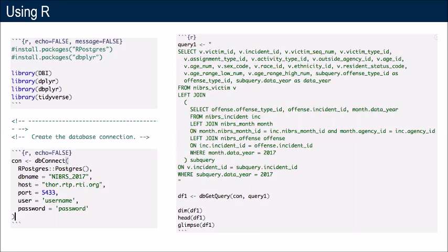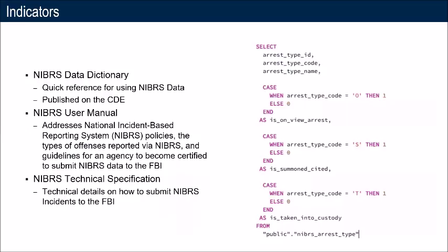I should have made that random. I didn't. Now you know my password. But once you have that connection, you simply use dbGetQuery to put your connection and your query together, and that returns a data frame that you can then use to join your results. And so the biggest deal with this data set, with any really, is to get specific indicators that you're looking to analyze. The joins and the queries you have to do are pretty specific.